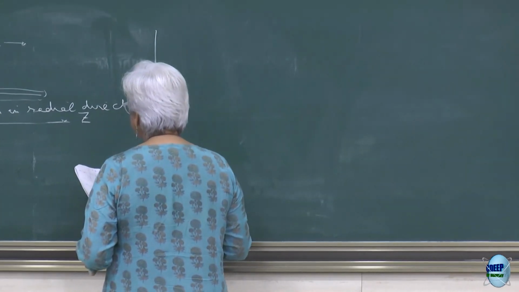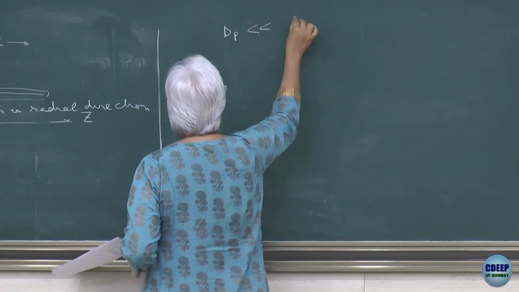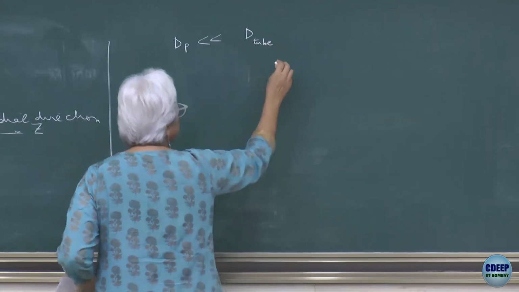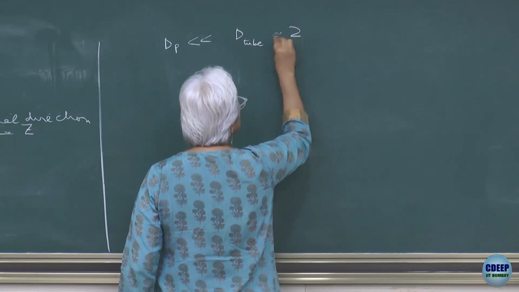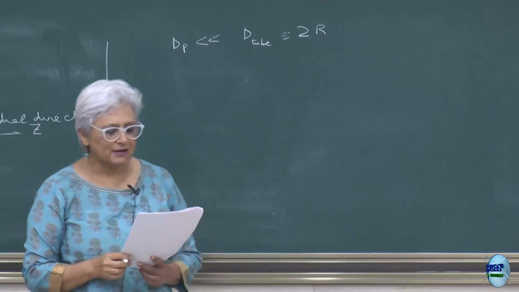So, what do we have? We have this idea that the particle diameter is much, much smaller than the tube diameter, which is equal to twice the tube radius, which we are calling capital R over here.